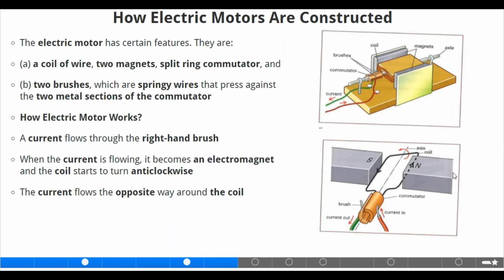That means it goes from the right hand side to the left hand side, from the northern pole to the southern pole. The current flows the opposite way around the coil. That means the current flows from the right hand side also to the left hand side.